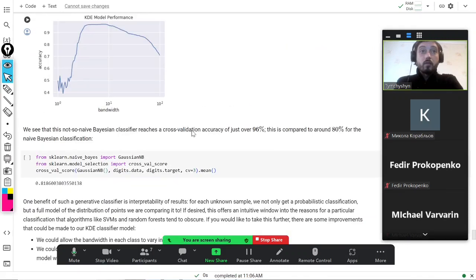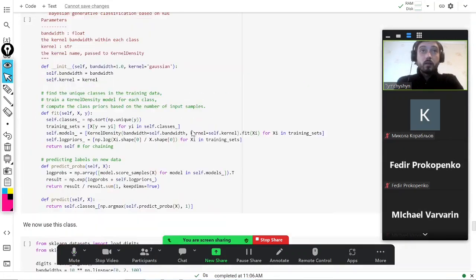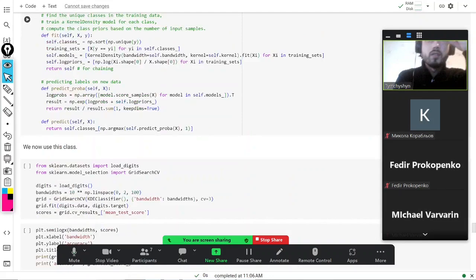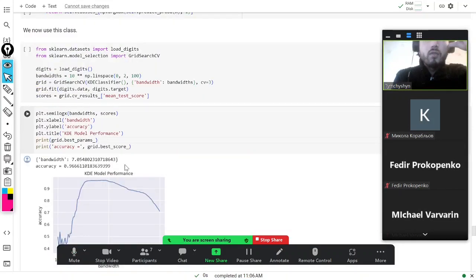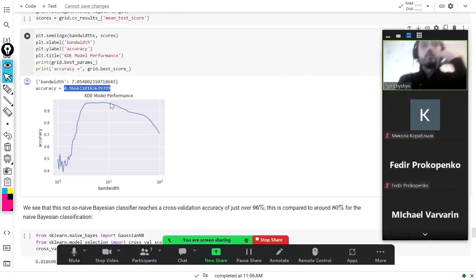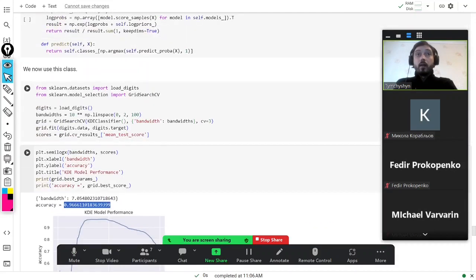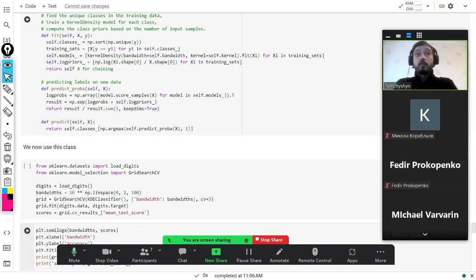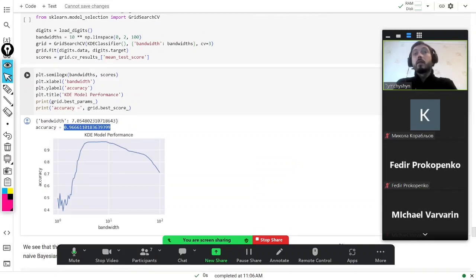Okay, I don't want to get into all this code. I just want to find some sort of result. Here it is. If we choose the bandwidth wisely, we can reach an accuracy of almost 97%. That's the accuracy of classifying numbers from MNIST.